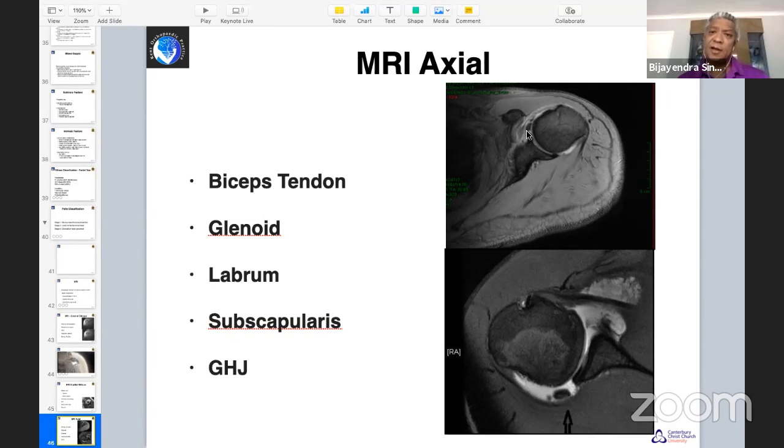As you can see here, this is a patient where the biceps tendon has moved from its groove and is lying here medially. And this often is associated with a subscapularis tear. And the bottom one is from an instability patient, where you can see there is labrum disruption as well as a small loose body in the posterior aspect.